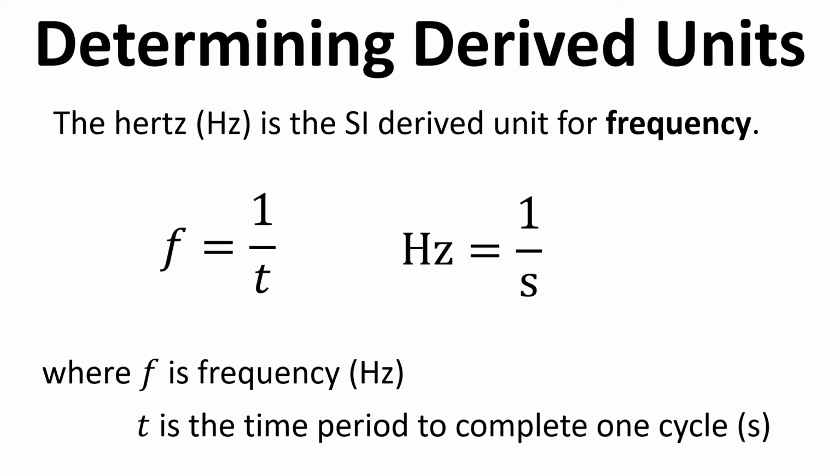So we know that frequency is in Hertz, and we just basically put the units into the equation. So Hertz is the equivalent to 1 over s, 1 divided by seconds. So we've put in the units for time. Now if we put this into standard form, we've got seconds to the -1, and so that is the SI base unit equivalent to Hertz.